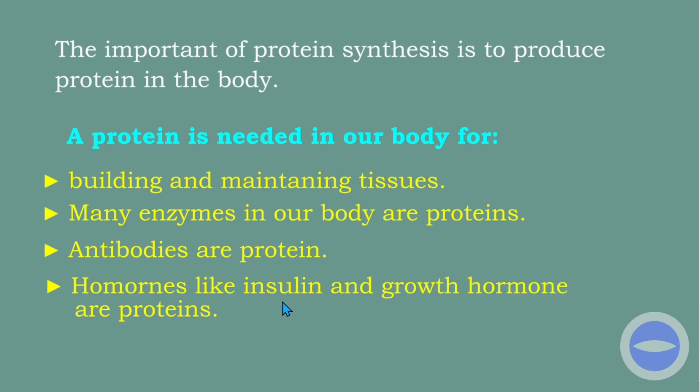We need the sugar not to be too high in our body, which is the function of insulin. And growth hormone is the hormone that makes us grow. We need protein so that growth hormone can be secreted in our body, then we will be able to grow. This is the reason why protein synthesis is very important.